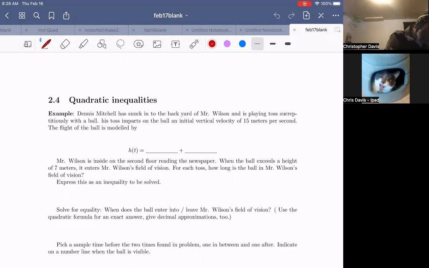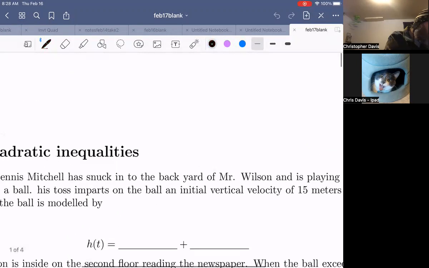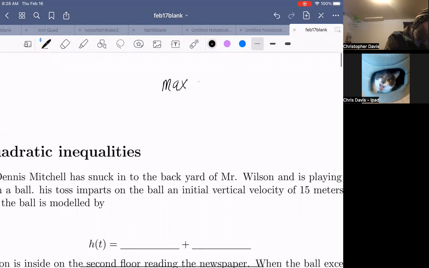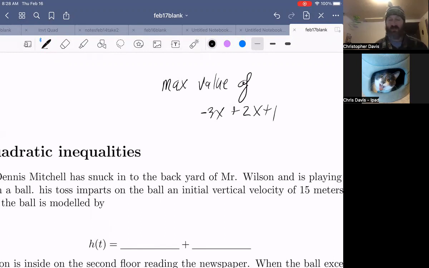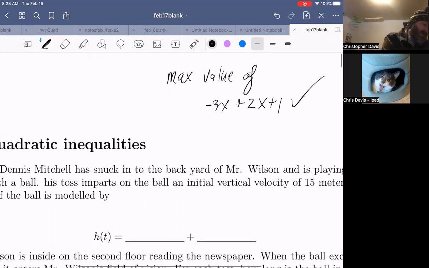So we can answer the question, let's make it so the max exists, of that function. That's something we can do. So we can see how high the function gets.